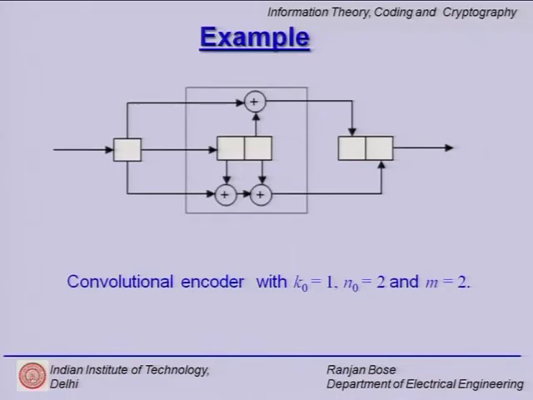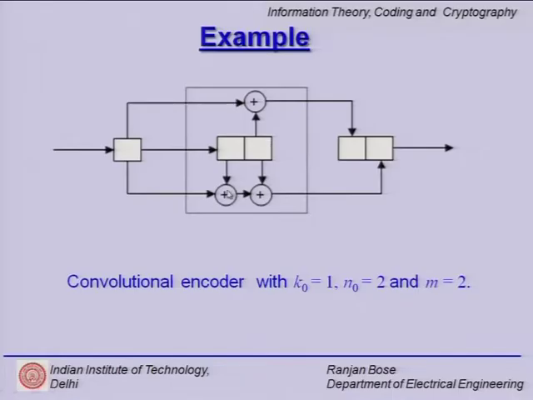So, here if you see on the left hand side, your K naught is 1, your shift register has 2 bits, and your output N naught has 2 bits. So, it is clearly a rate 1 by 2 encoder with K naught equal to 1, N naught equal to 2 and M equal to 2.